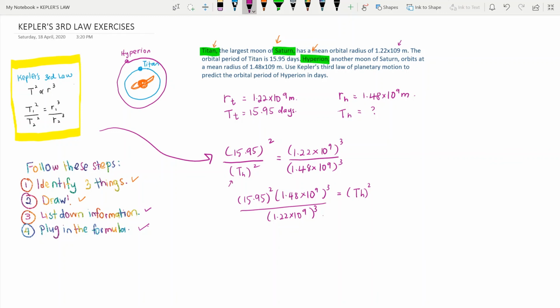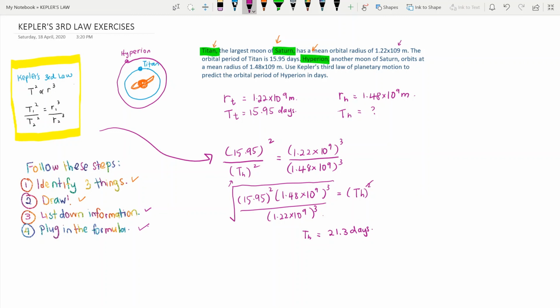But this is still square. So again, kalau kita nak hilangkan the square, kita mesti square root both sides. So this one will become 1 and the whole thing in this side will become punca kuasa 2. So bila kita plug in dalam calculator, kita akan dapat jawapan dia adalah 21.3 days.